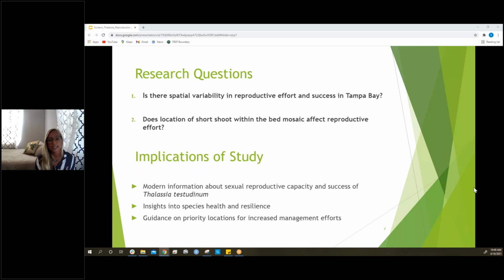So the goal from the study is that it will provide modern information about reproductive effort and success of a high value and a critically important species in Tampa Bay. Since sexual reproduction increases genetic diversity, this information will provide insights into species health and resilience. And then finally, results will provide guidance on priority locations for increased management efforts moving forward.